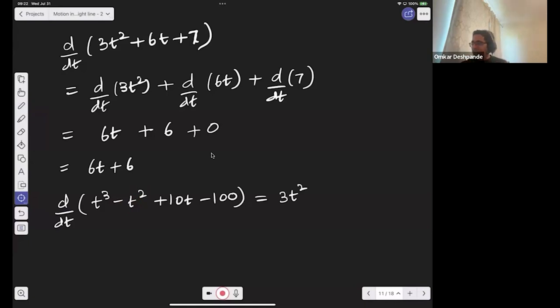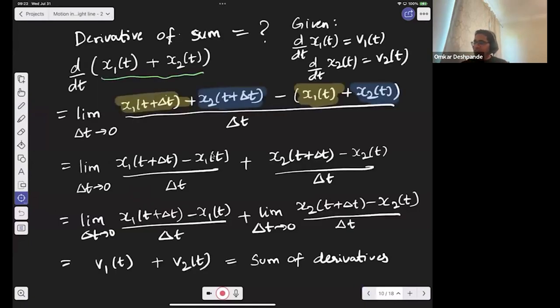So if there was a minus sign here instead of plus, that doesn't make a difference because I would pretend that the second function I have is minus x2 of t. So that's like multiplying x2 by a constant minus 1 in front. And I know the derivative of any constant times the function is just the constant times the derivative of that function.